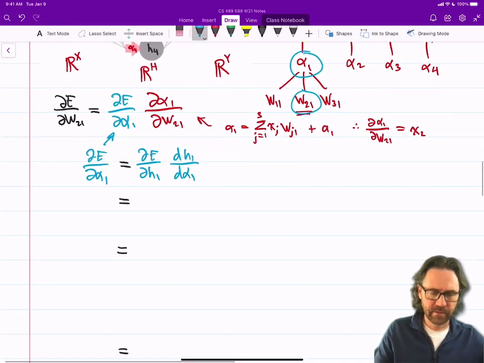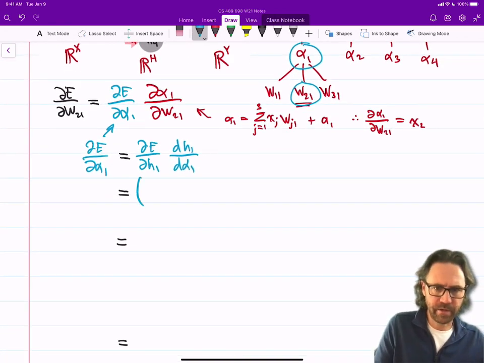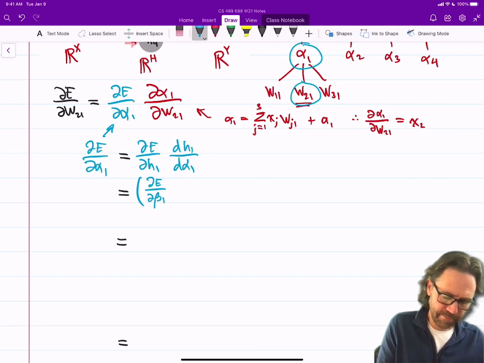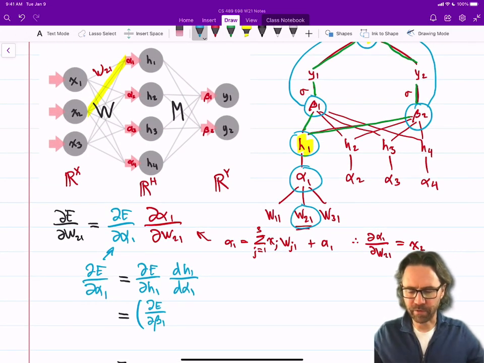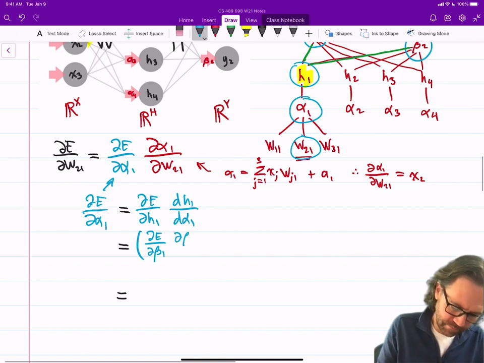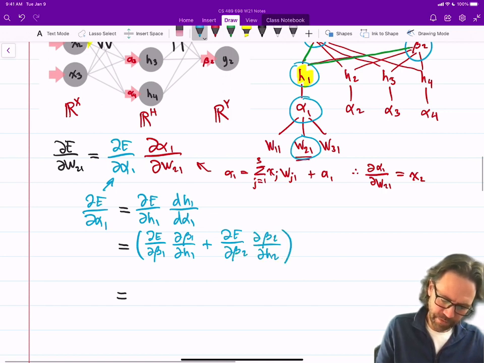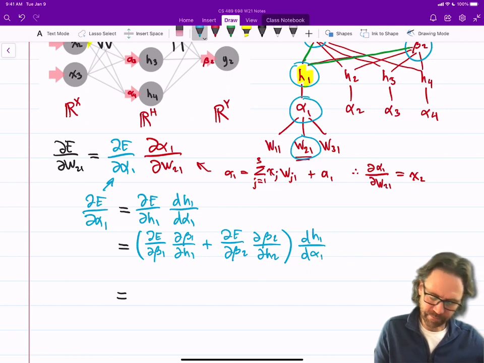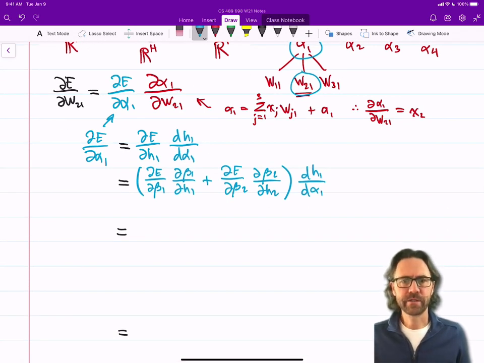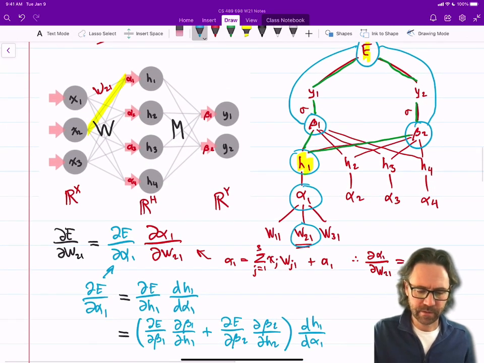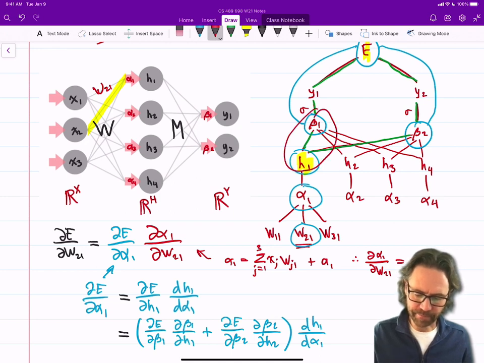So ∂E/∂H1 can be written ∂E/∂beta 1 times ∂beta 1/∂H1 plus ∂E/∂beta 2 times ∂beta 2/∂H1, all that times ∂H1/∂alpha 1. Now, what is ∂beta 1/∂H1?